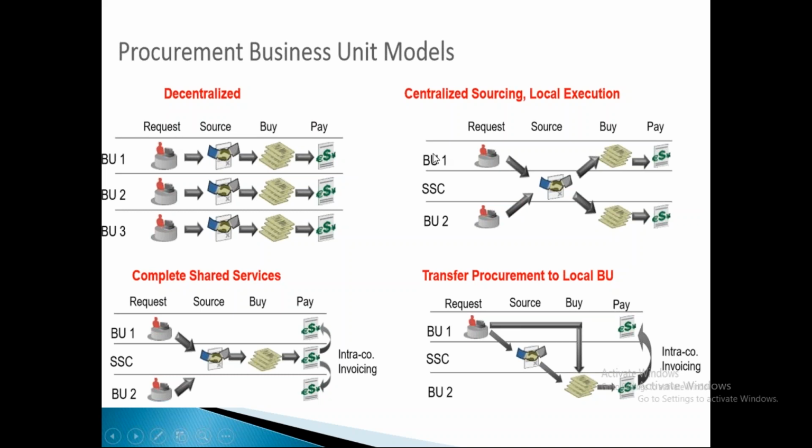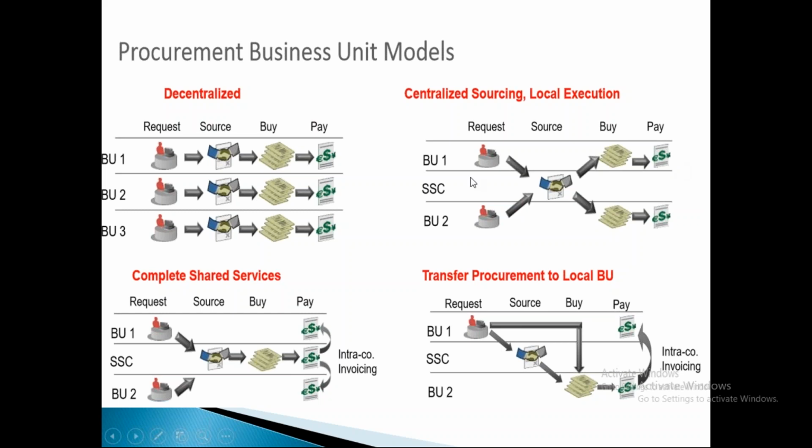That is what decentralized means: there is no connection between one BU and another in performing any of these activities. But in centralized sourcing, BU1 is requesting, and a centralized service model, or one of the BUs, let's take BU2 here, has the source service center and does the sourcing, and then you buy from the respective BU and pay. In the same way, BU2 is requesting, the sourcing is done by one of the shared service centers, and the buying and paying are done by the respective BU.